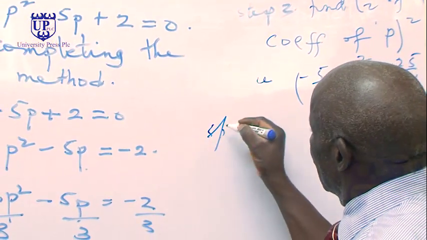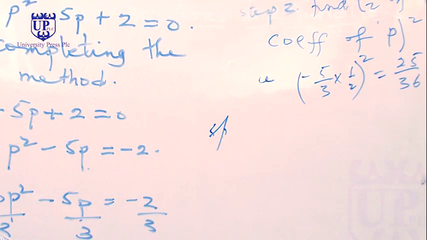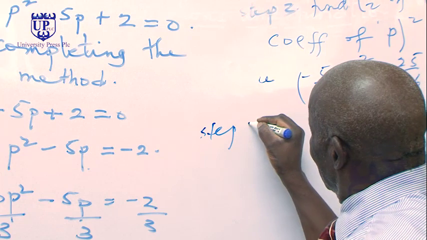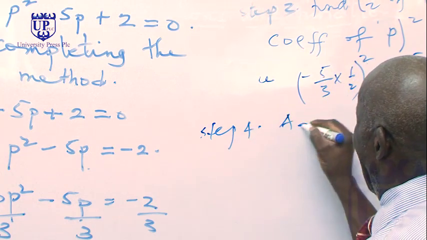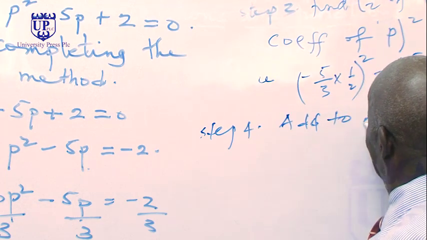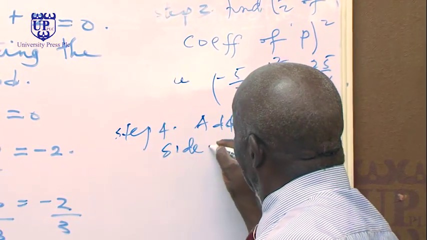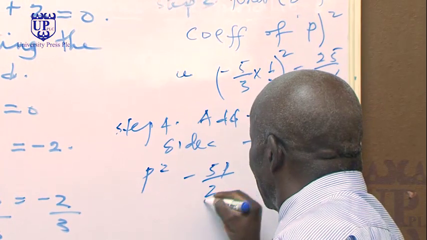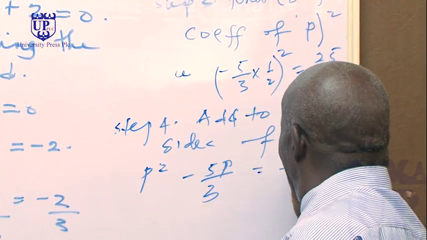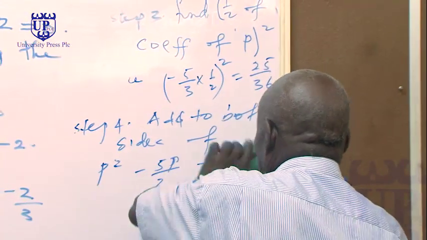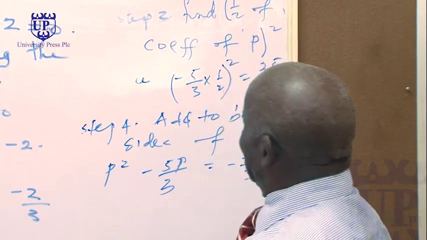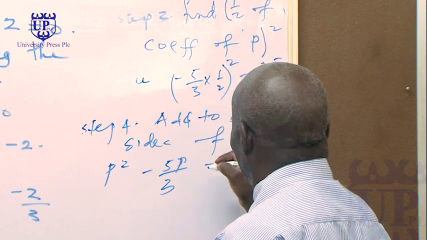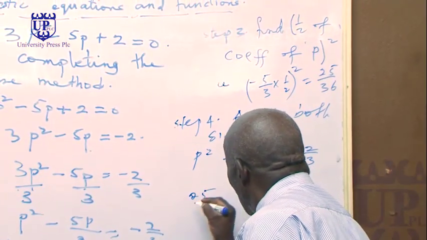Step 4: add to both sides. To both sides of p squared minus 5p/3 equals minus 2/3, add 25/36.